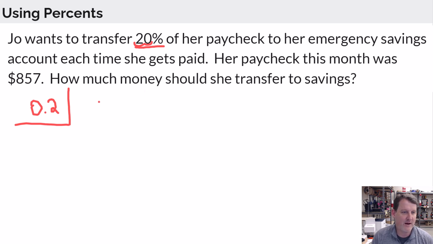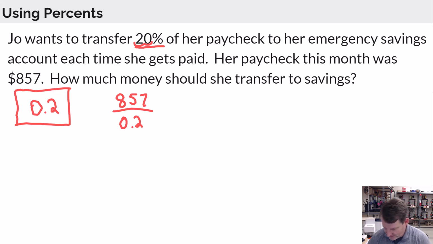If we divide them, let's try that because that's been working so far for us. 857 divided by 0.2. Remember, when we're working with percents, we've got to use the real number when we start doing math. 857 divided by 0.2 ends up 4,000. That's not right. Okay, so let's divide the other way.